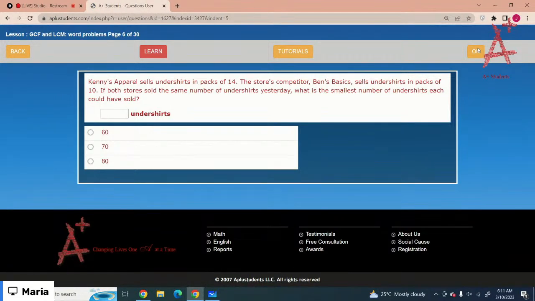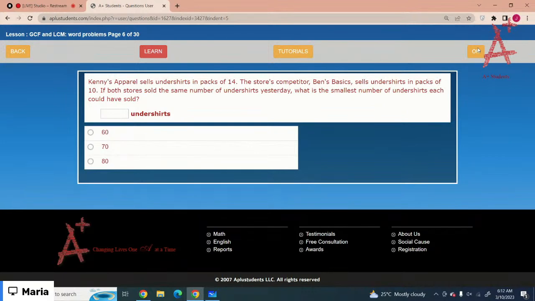Kenny's Apparel sells undershirts in packs of 14. The store's competitor Ben's Basics sells undershirts in packs of 10. If both stores sold the same number of undershirts yesterday, what is the smallest number of undershirts each could have sold?